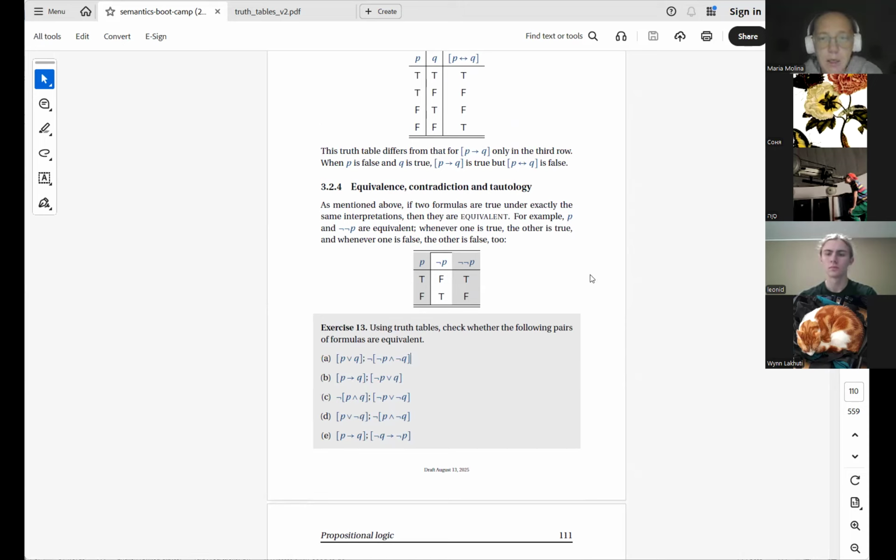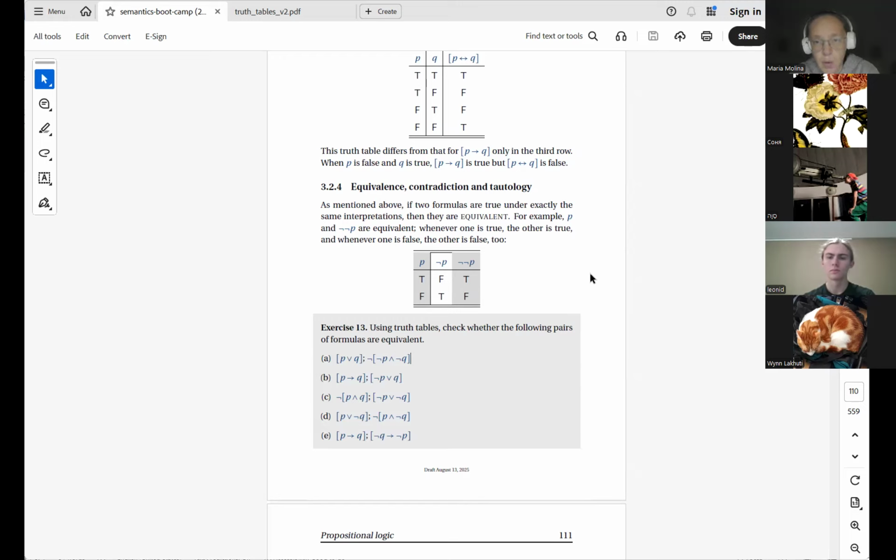Negation of P and negation of Q. Sorry. We've got negation of P and negation of Q, right? Negated, the negation of P and negation of Q equals double negated P or double negated Q. Am I correct?